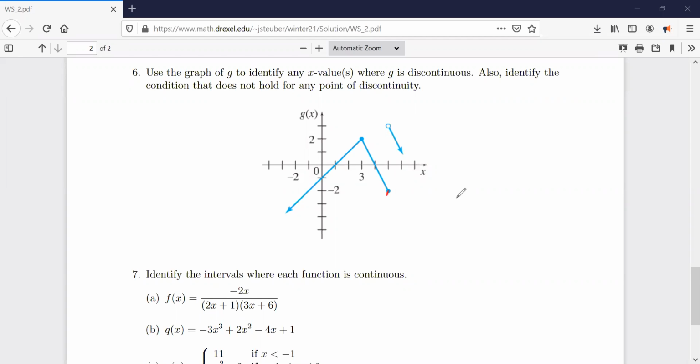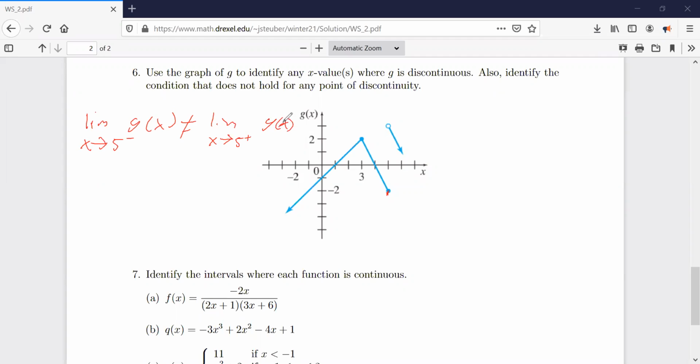The solution set for this actually says condition 2. I'm not sure what condition 2 refers to, but this is a jump discontinuity, so I'm just working backwards that this is because the limit as x approaches 5 from the negative side of g of x is not equal to the limit as x approaches 5 from the positive side of g of x.